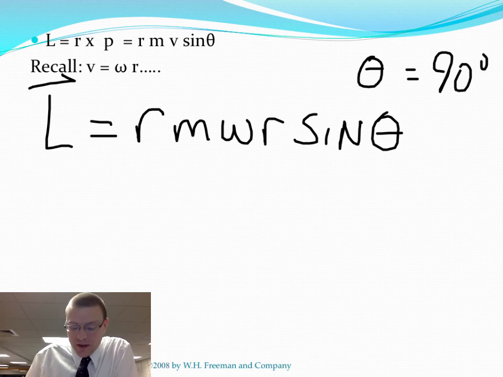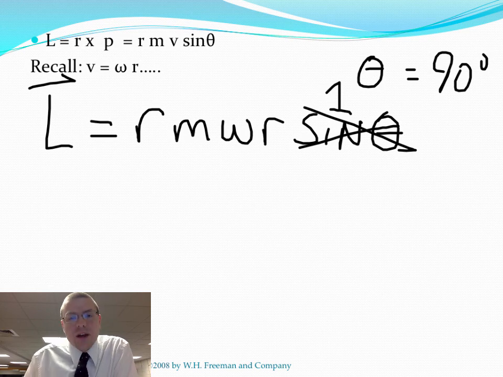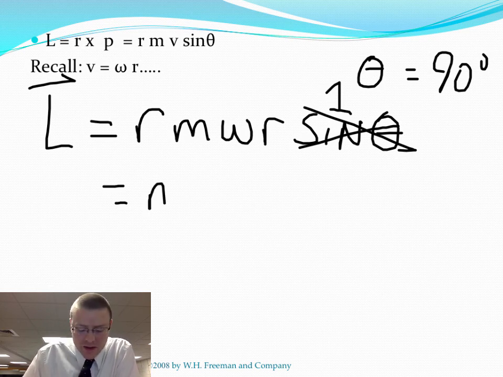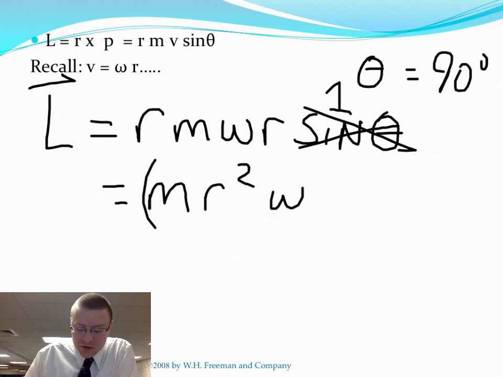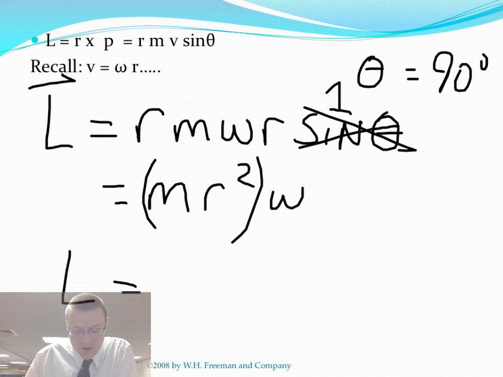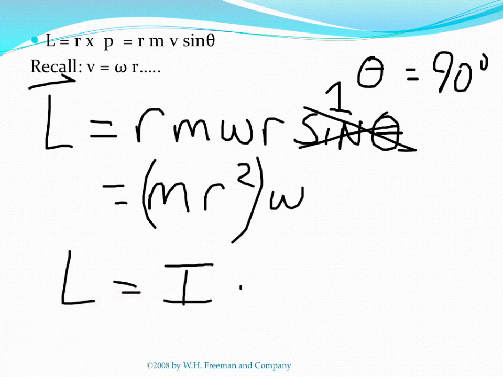When you do that, sine of theta becomes 1. So you're left with m r omega r, or you could write that as m r squared omega. And don't you remember what we have for m r squared? m r squared ends up being our moment of inertia, multiplied by omega.